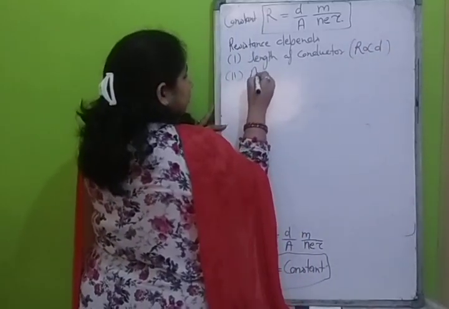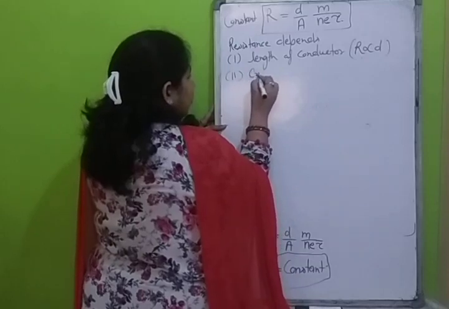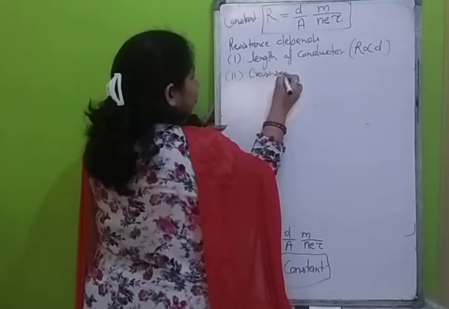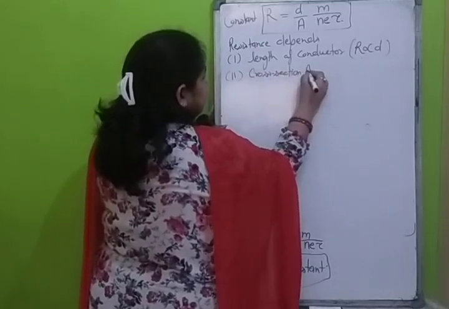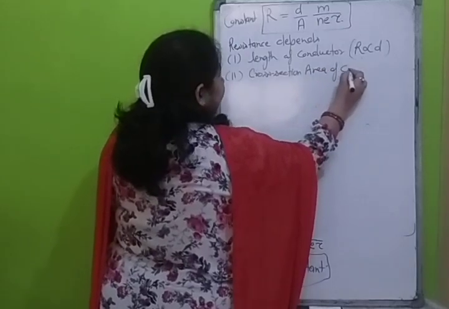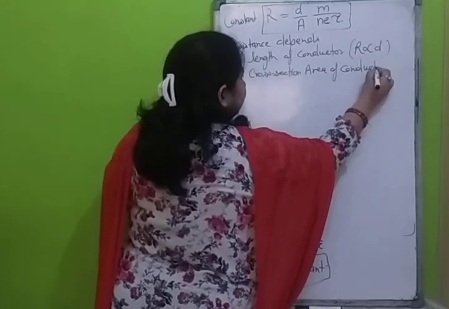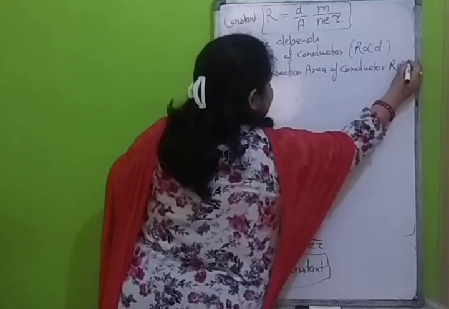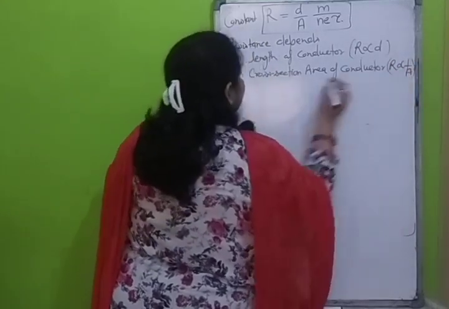Second, the cross section area of the conductor: R is inversely proportional to it.